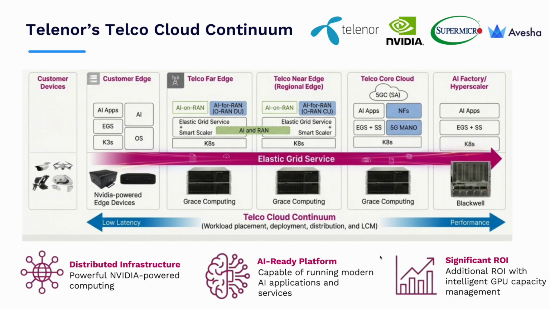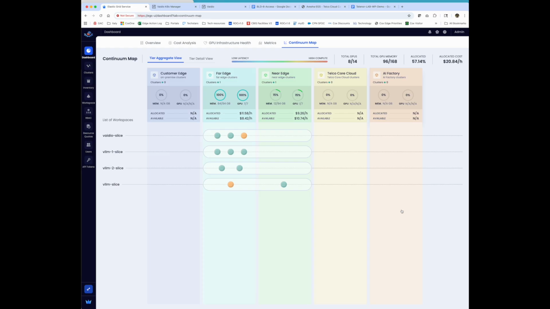This feature lets you look at your AI infrastructure spread across multiple tiers within a telco cloud hierarchy. Our familiar levels of tiering within a telco cloud would be customer edge, far edge, think about cell phone tower, near edge, which might be a regional aggregation location, telco core cloud, which might be your national data centers, and AI factory or hyperscaler tier.